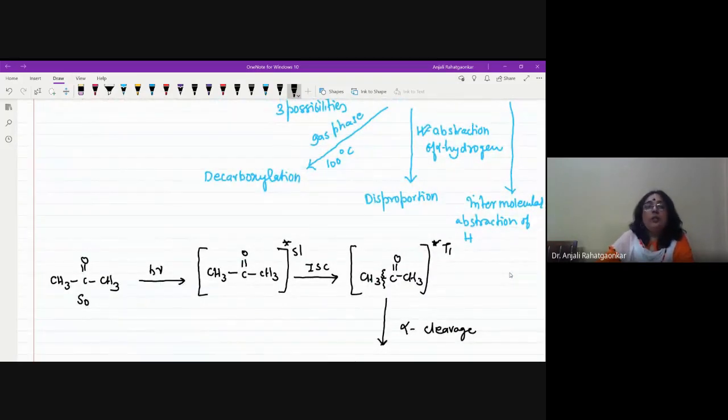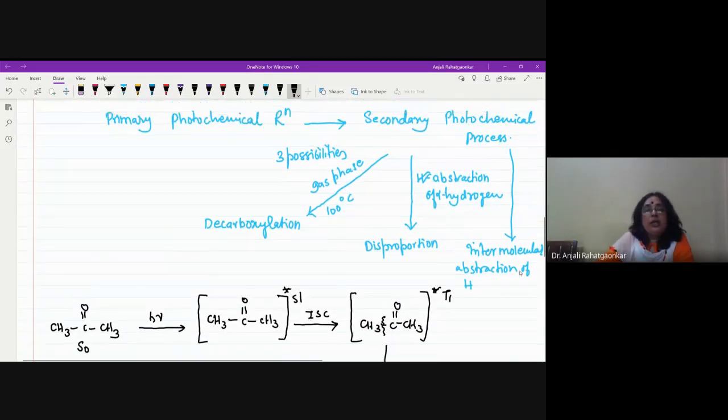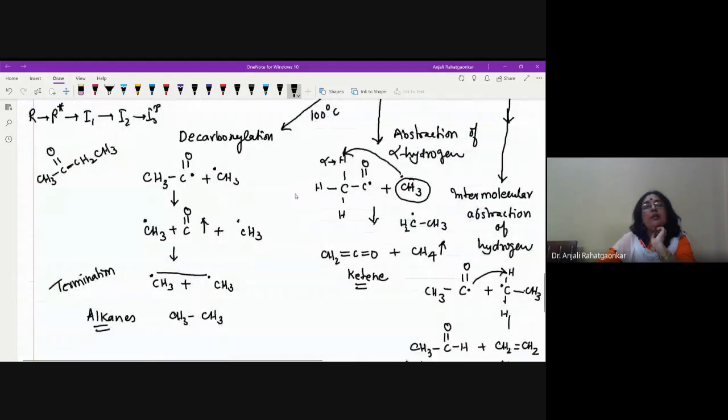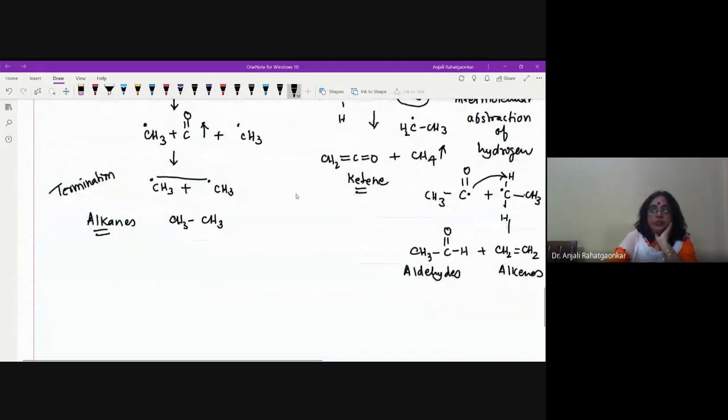So there are three possibilities. The first possibility is decarboxylation, where, if the reaction is carried out in the gaseous phase at 100°C, decarboxylation definitely takes place, which gives you carbon monoxide and the alkane.